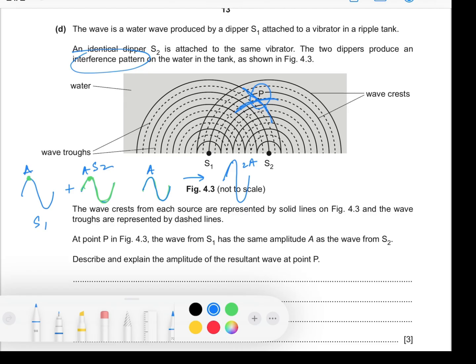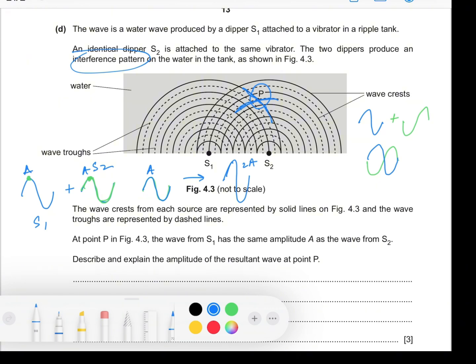On the other hand, destructive interference occurs when you have 2 waves overlapping out of phase, or the crest of one wave lines up with the trough of the other wave. So you'll have the wave from one source being out of phase with the other wave.